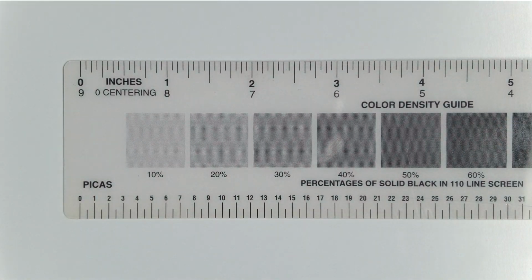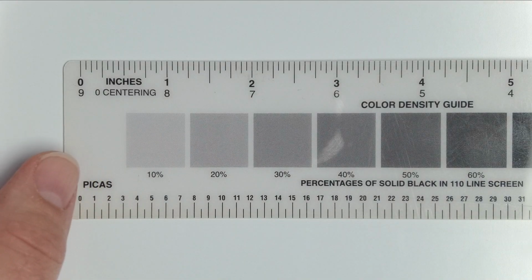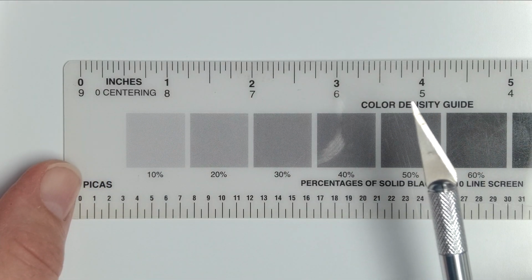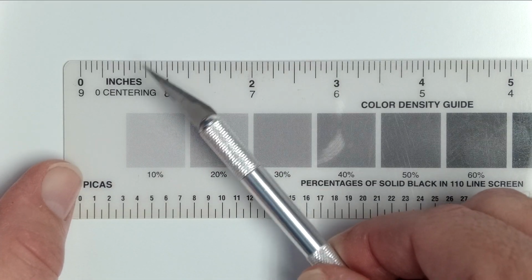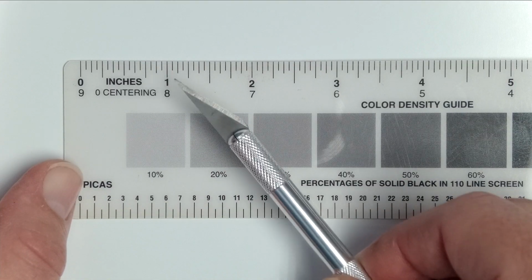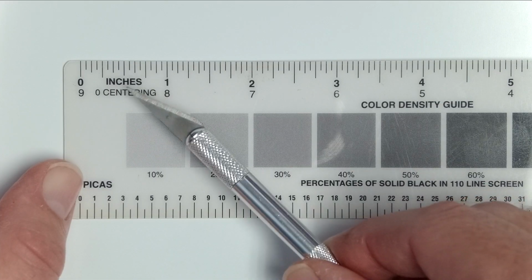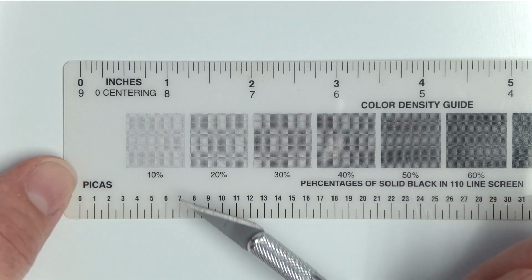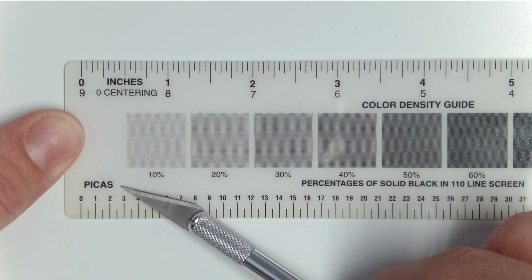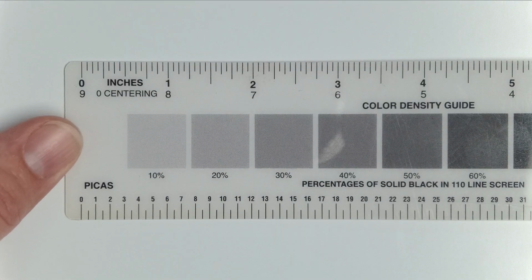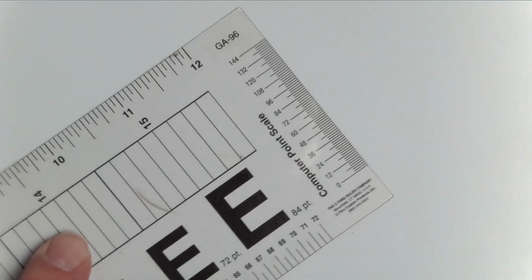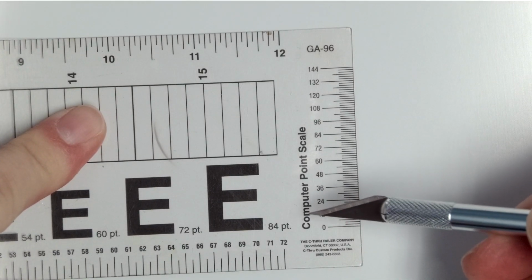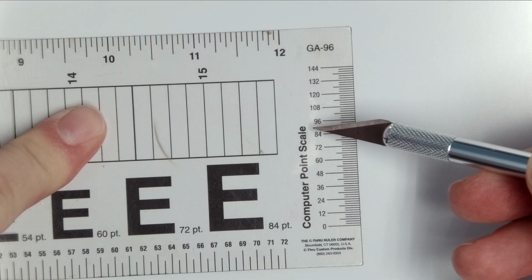All right, now, on your line gauge, you're usually going to have at least 3 different measurements. Probably 4. You should have inches, or if you have a European line gauge, you may have millimeters and centimeters. Okay, but you should have inches. You should have a scale called picas, and somewhere on your line gauge, for instance, this clear one has something called a computer point scale.